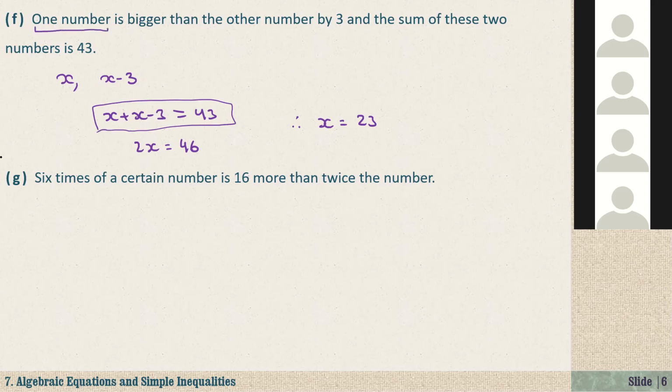That unknown number is going to be 23, and the other number is going to be 20. Here we are talking about only one number. If they said to find both numbers, we could make a lot of different questions. But here, I didn't understand the question properly. That's why. Zubaydah, question G: 6 times a certain number is 16 more than twice the number.